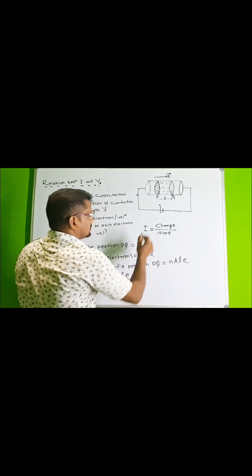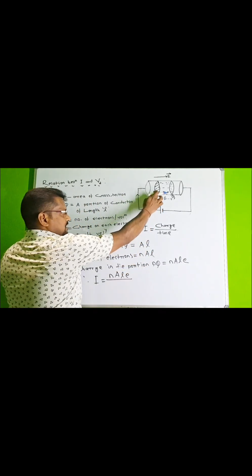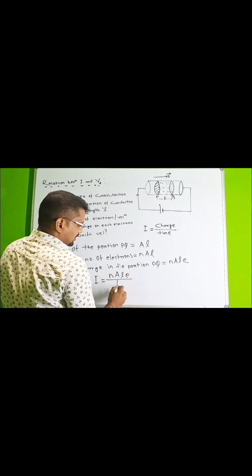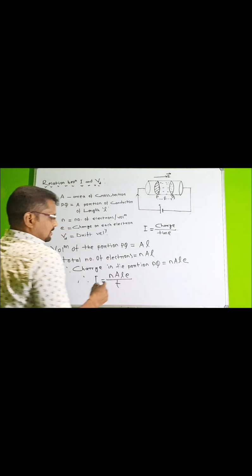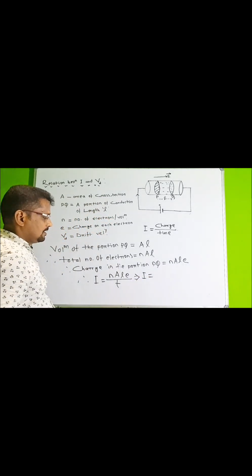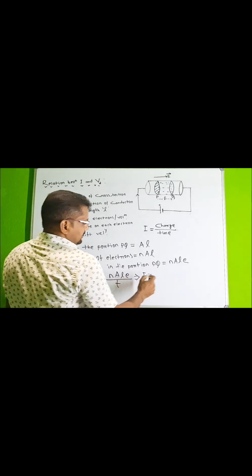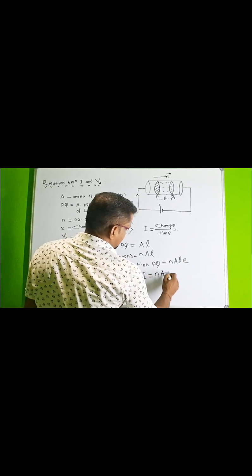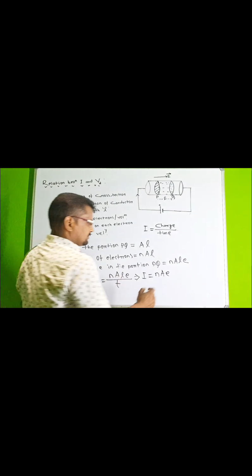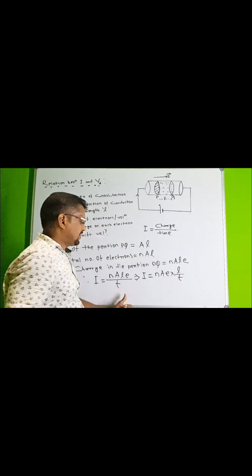Then the current at this cross section is charge divided by time t. Now this will give you I equals to, let us do one thing, here nAe as it is, and L by t. We can write it this way.